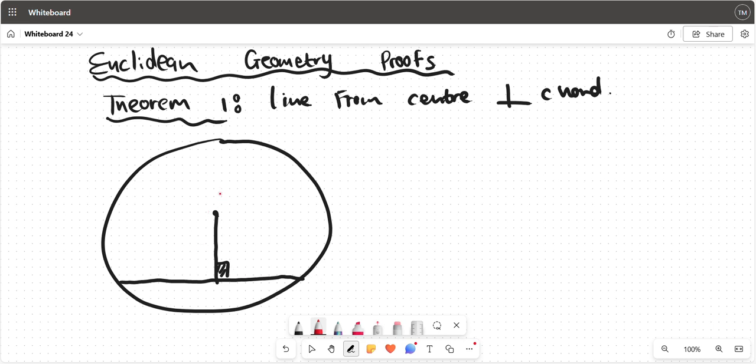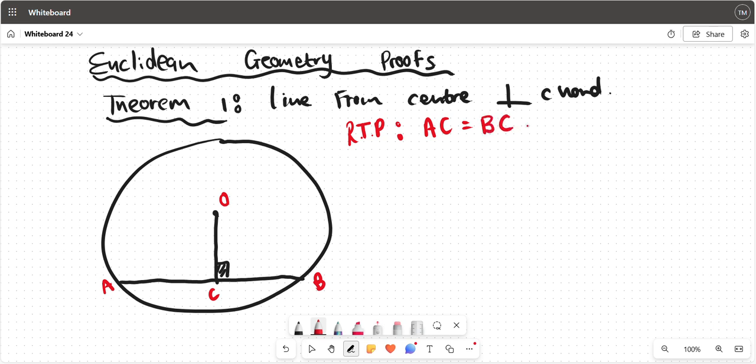Right? So if this is O, this is A, this is B, and this is C, what we are required to prove, RTP, is that AC is equal to BC.